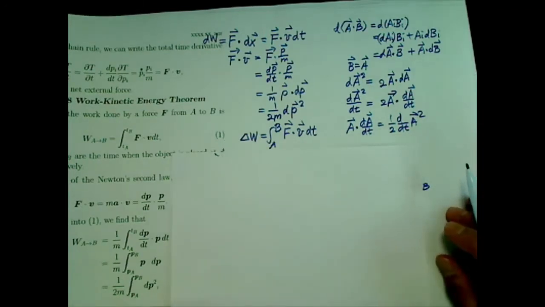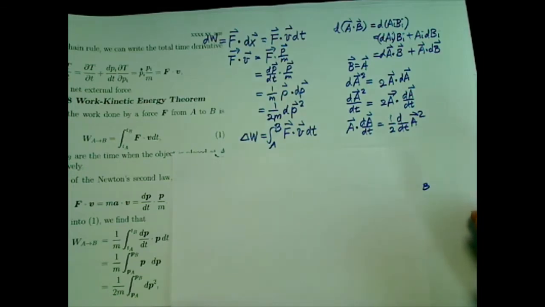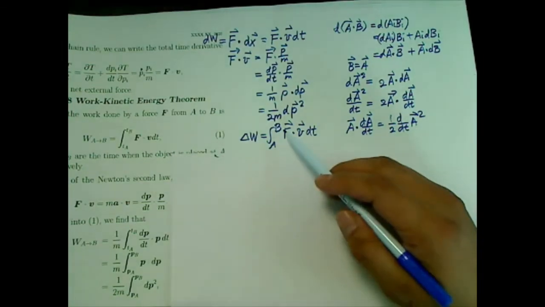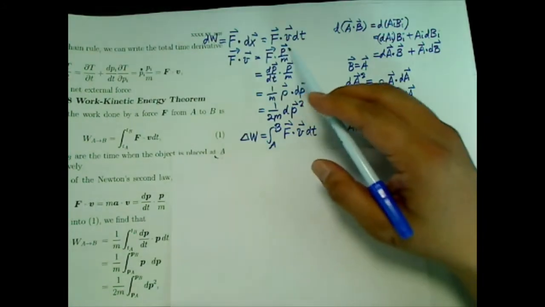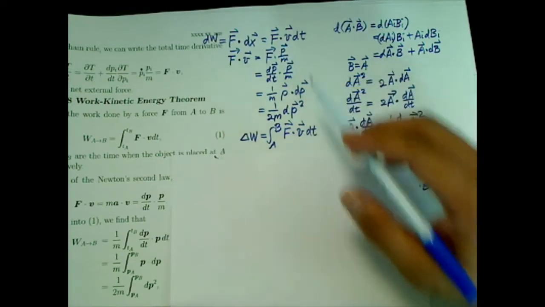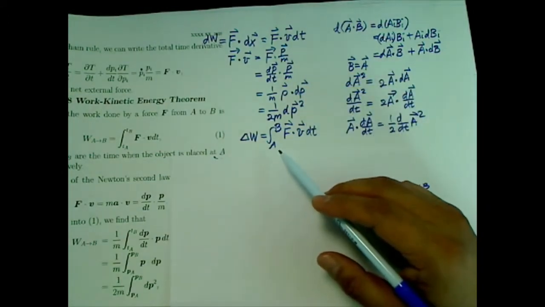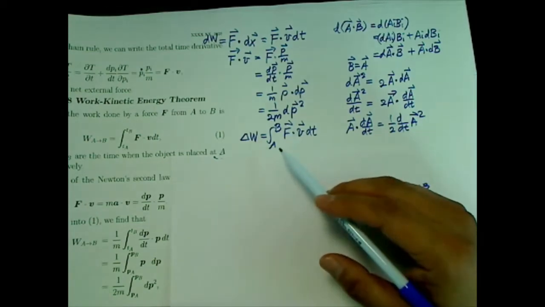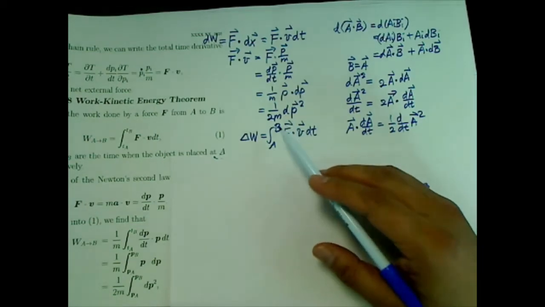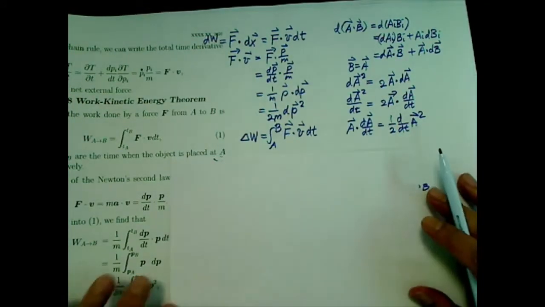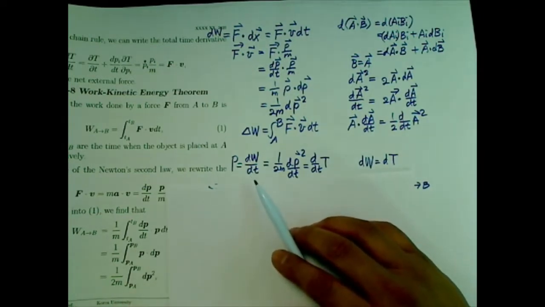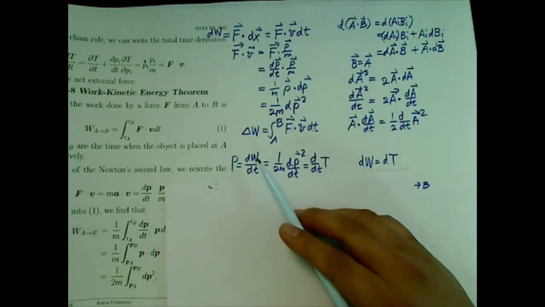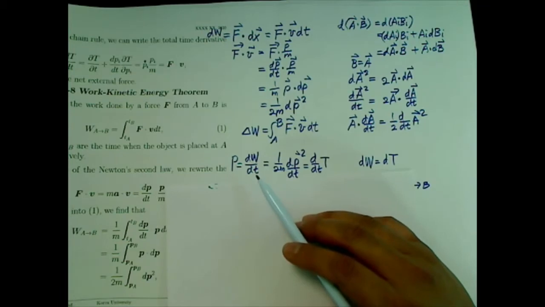So let's compute the work done by some force from A to B. That is the integral of F dot v dt, from position A to position B, from time t_A to time t_B. Now, if we take the time derivative, then power is dW over dt.